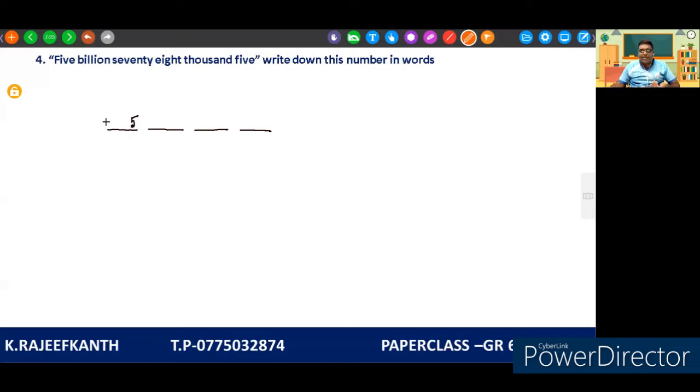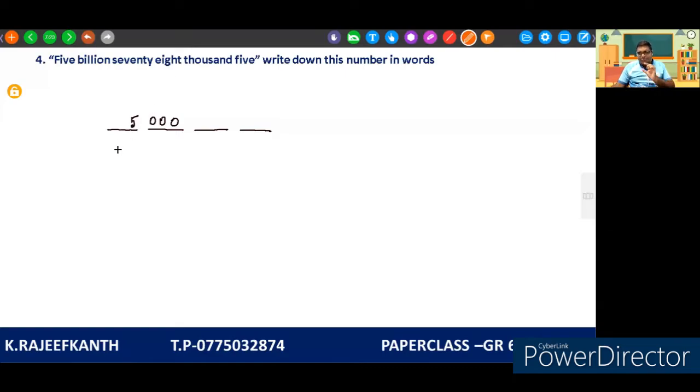If we write these zeros, there is no value. So no need to write 2 zeros in this period, right? So 5 billion. There is no million. So in the million period, we have to put 3 zeros. These 3 zeros have values. So we must write the zeros in the million period. So 5 billion, 0 million, because there is no million.